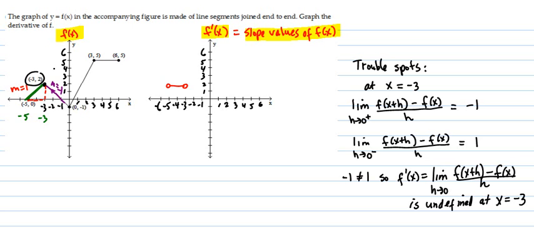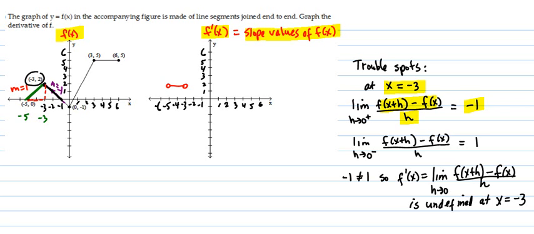And if you come over to the limit definition of the derivative, you'll see at x equals -3, the limit as h goes to 0 from the plus side, you do the difference quotient, it comes out -1 because the slope of that tangent line is -1 here. This line here has a slope of -1 coming from the right.